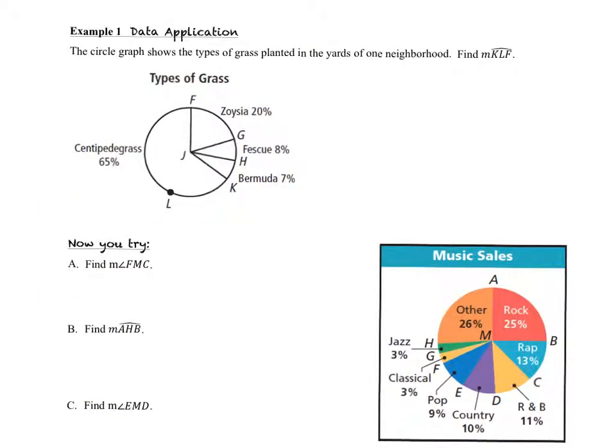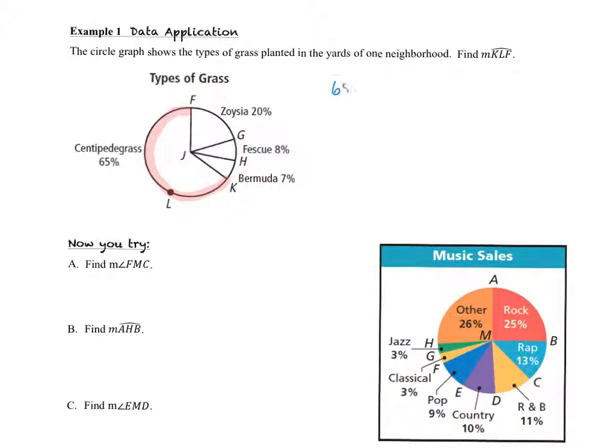Okay, here we have a circle graph. It's asking us to find the measure of arc. Notice how the arc is displayed with that curved line above the letters KLF. So arc KLF. Okay, so since this is 65%, remember percent is out of 100.